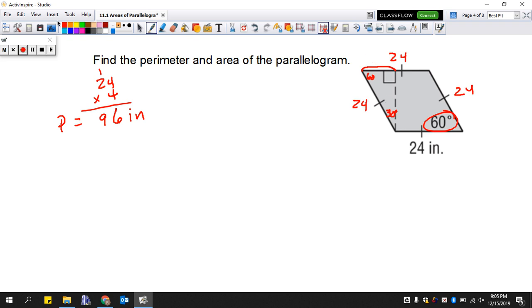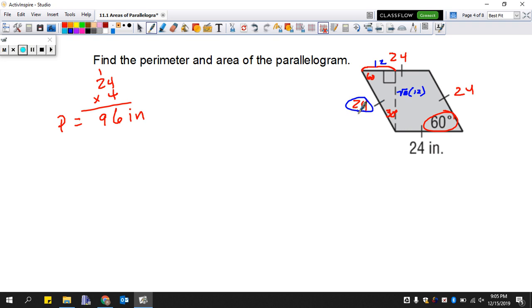So that means this short side right over here is going to be 12, because the hypotenuse is 24. It's going to be half of that. And we can use that to figure this side, which would be square root of 3 times 12.